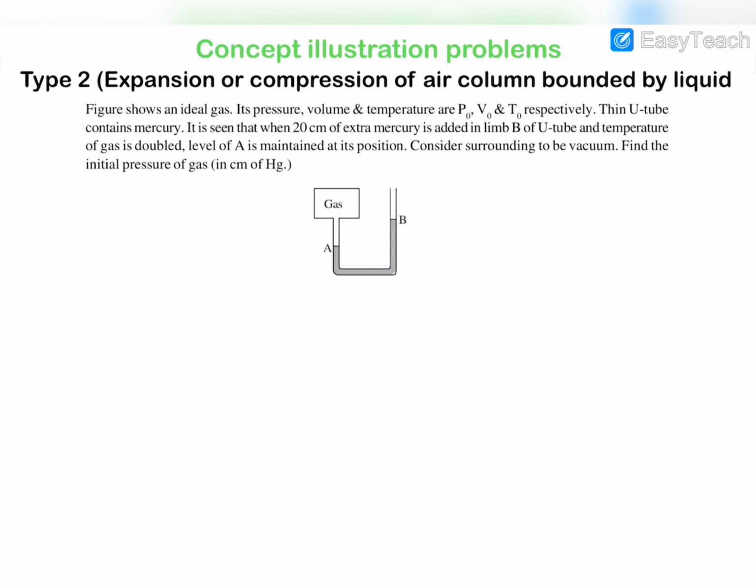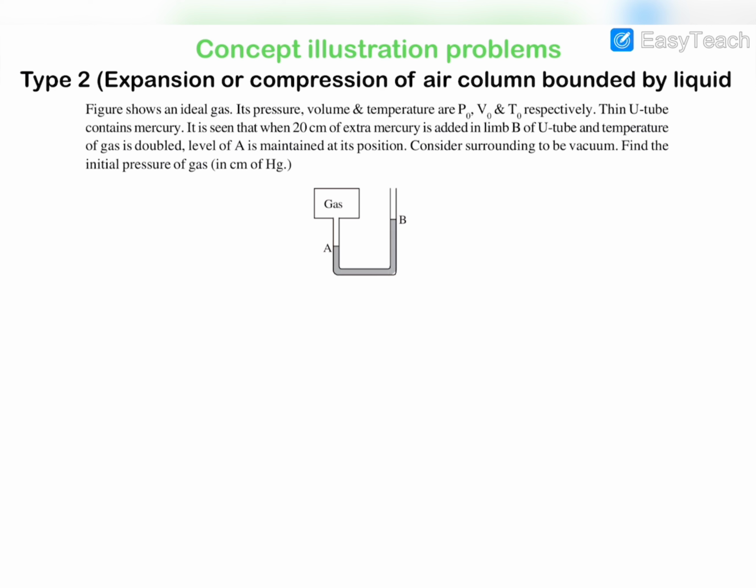When an extra amount of mercury, which is 20 centimeter of mercury, is poured in this limb of the tube, the temperature of this gas gets doubled, and the final level of the liquid in this limb remains the same as the initial level, and the surroundings is vacuum. So we have to find out the initial pressure of the gas in this case.